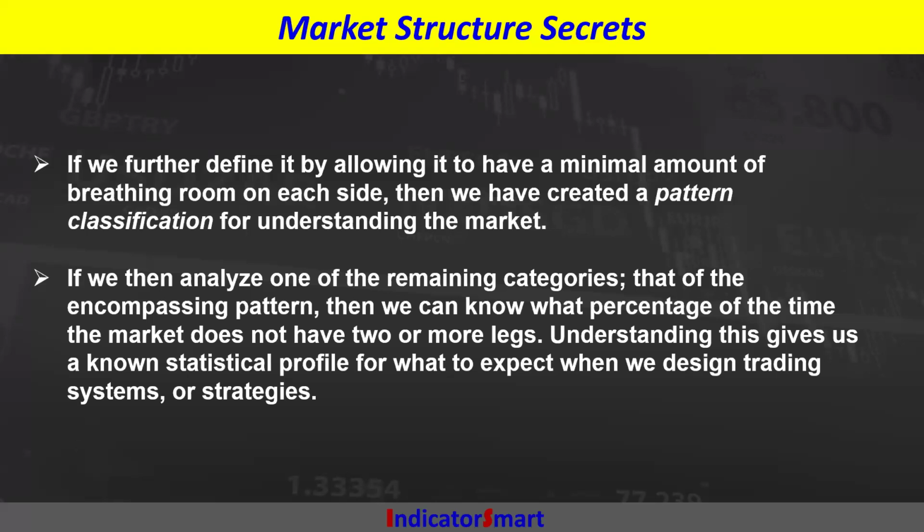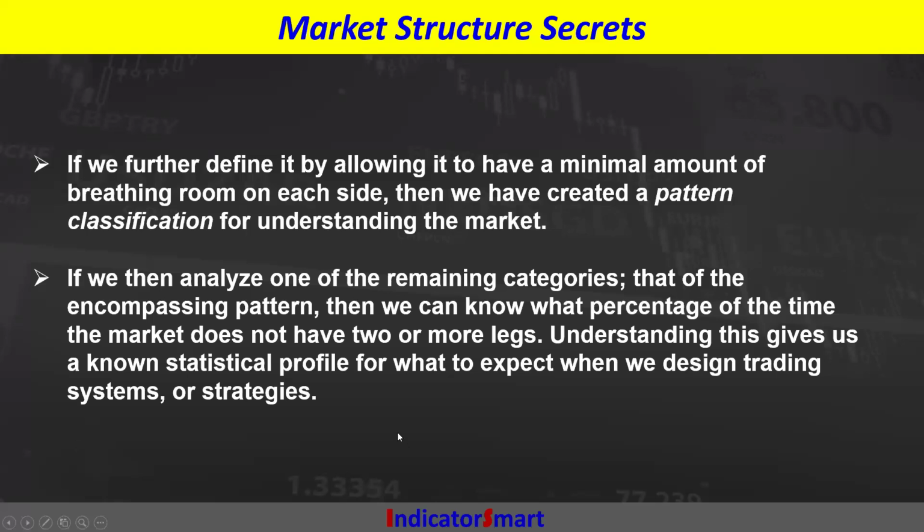So if we then analyze one of the remaining categories from this rule set or pattern classification, that of the encompassing pattern, then we can know what percentage of the time the market does not have two or more legs. What percentage of the time does the market not have two legs?